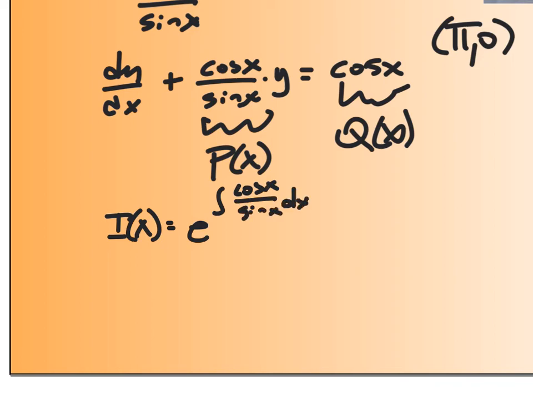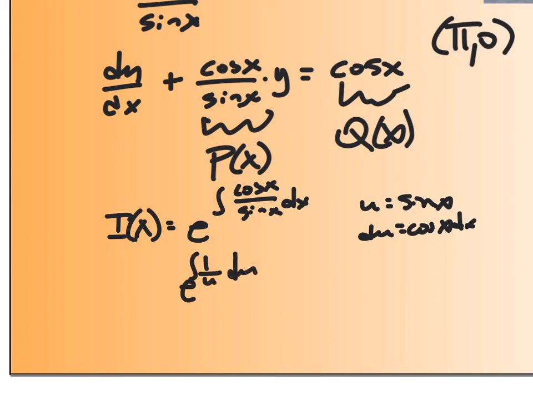This is going to require you to do a u substitution. So if you set u equal to sine x, du equals cosine x dx, and therefore you would get 1 over u. This would be e to the integral of 1 over u du, which means that you'd get e to the natural log of sine x.